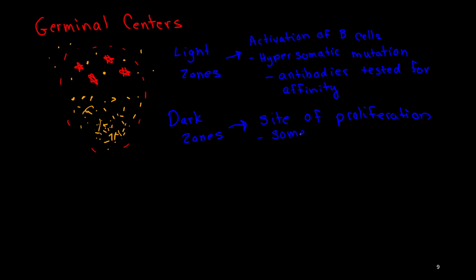Some leave and will essentially go to fight. They'll go to new locations in your body to secrete antibodies. What kind of antibodies are they secreting? These are the antibodies that are initially made to fight infections.